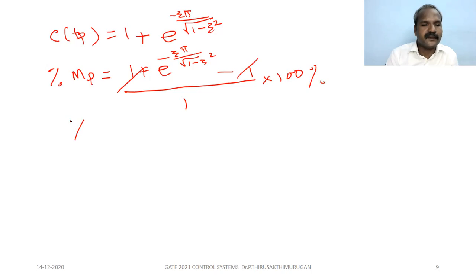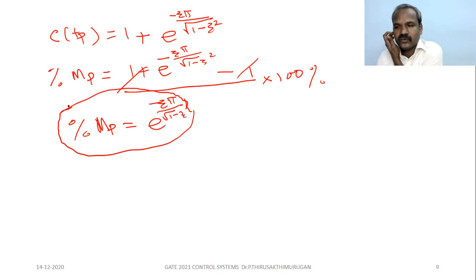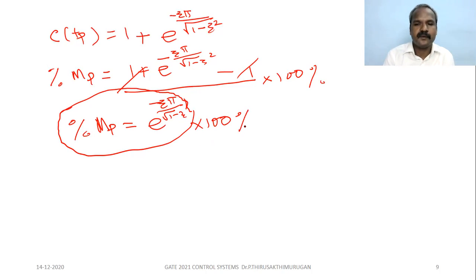So maximum percentage overshoot MP equal to e to the power minus zeta pi divided by square root of 1 minus zeta square. So this is the expression for maximum overshoot. Into 100, we get percentage maximum overshoot.